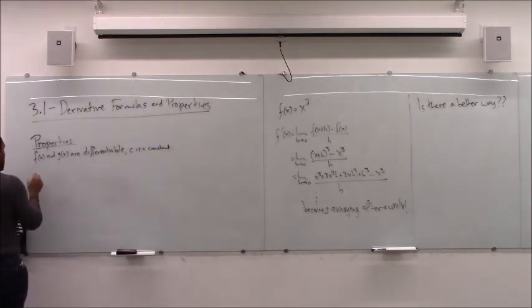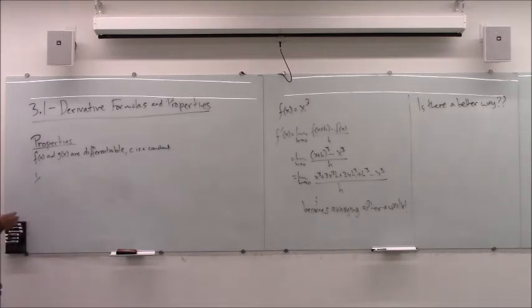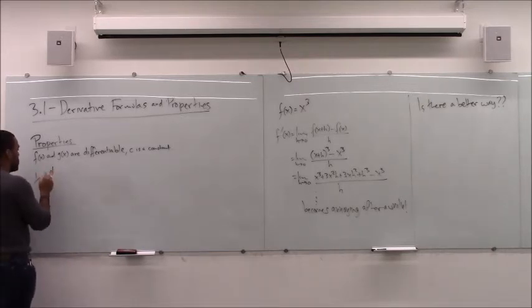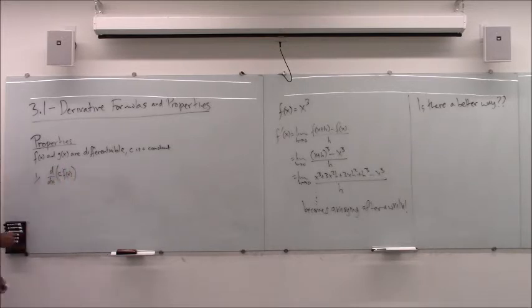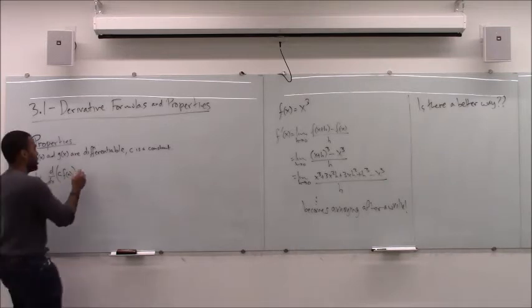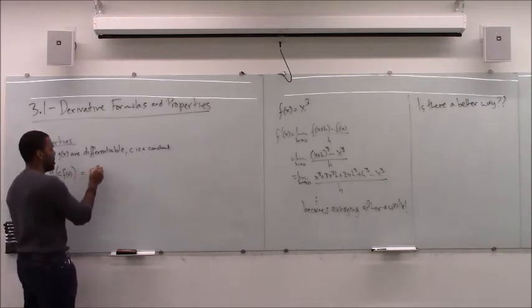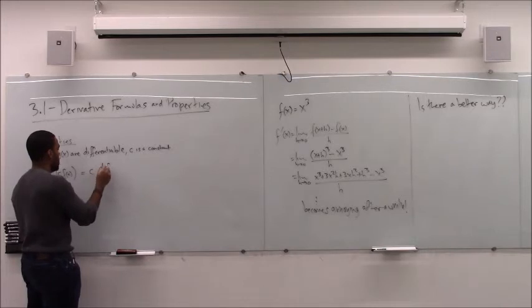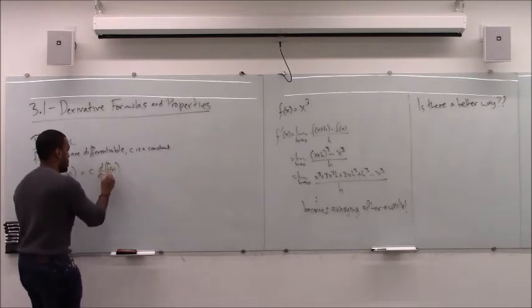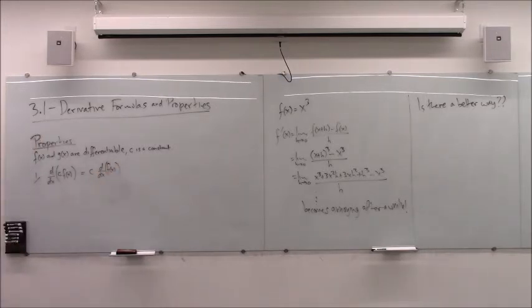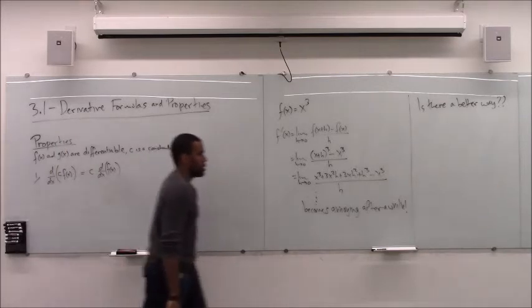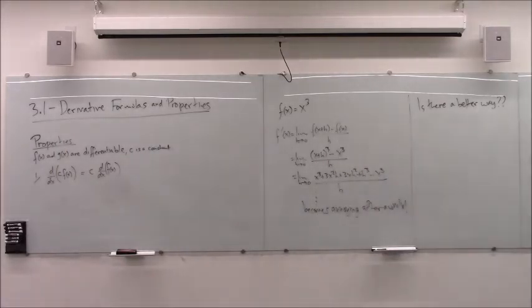Then, 1, it turns out that if I take the derivative of a constant times a function, then that is the same as me taking the constant times the derivative of the function. In other words, constants can factor outside of derivatives, and that's actually not too hard to see.